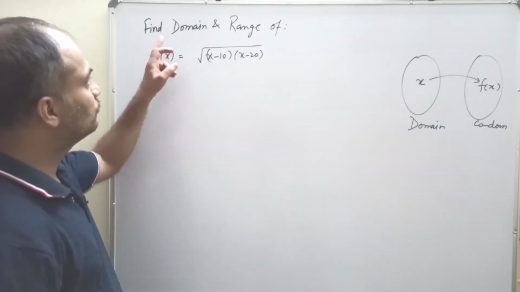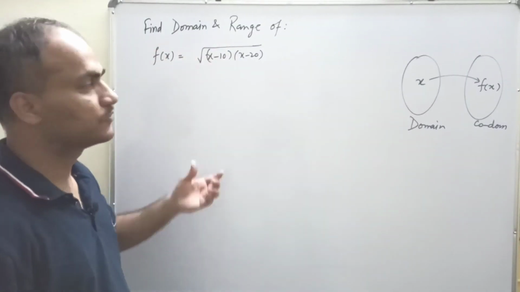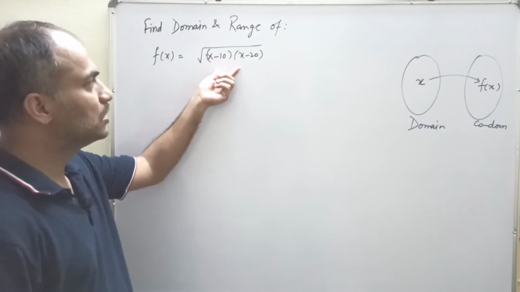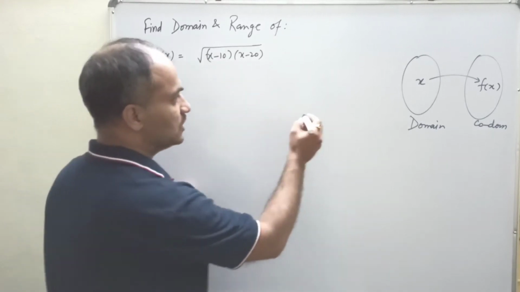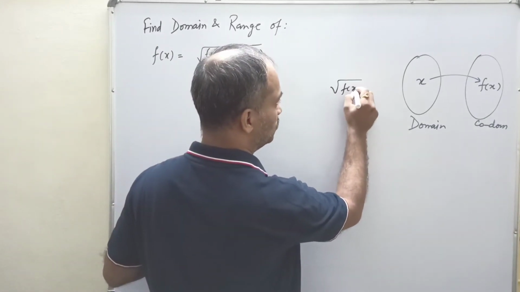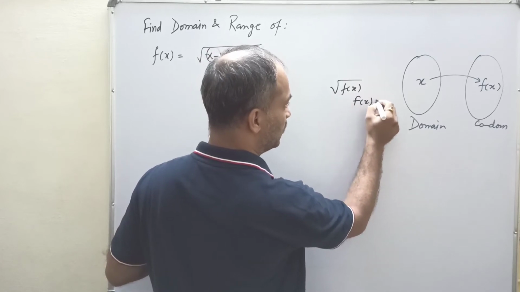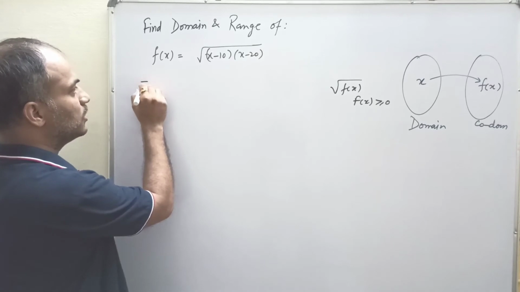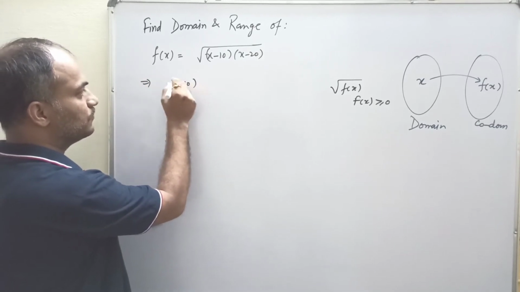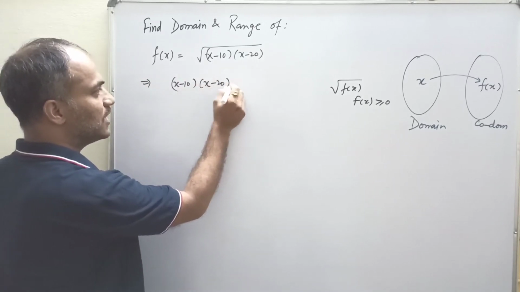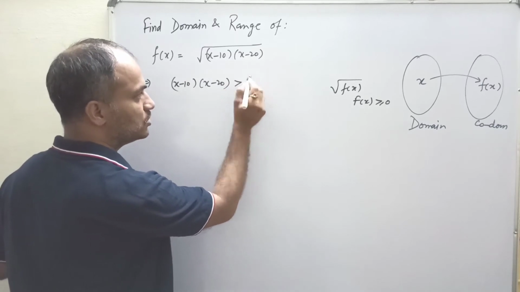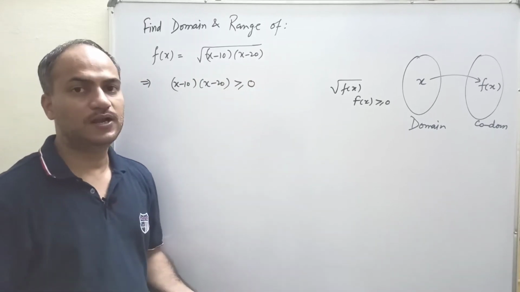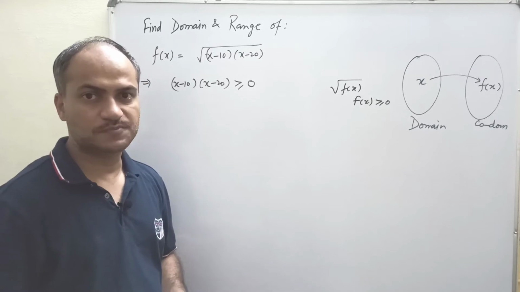We have to find the domain and range for this function. Here the values are in square root. So the same condition which I just explained to you, that f(x) needs to be greater than or equal to 0. So let us apply it for the domain. Here x minus 10 and x minus 20, this product has to be greater than or equal to 0. This is the type of inequality which I have explained in the inequality chapter.